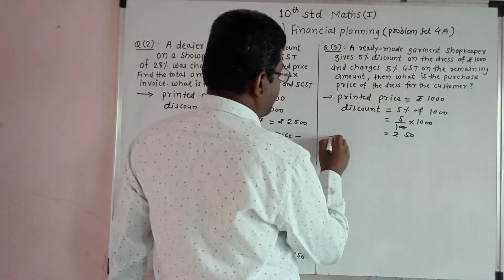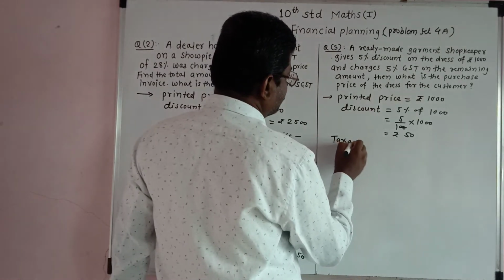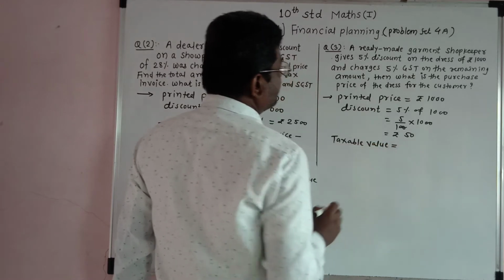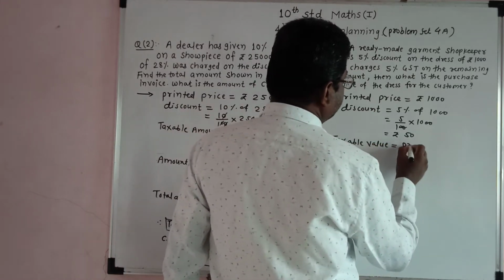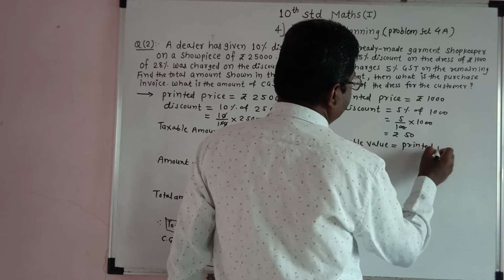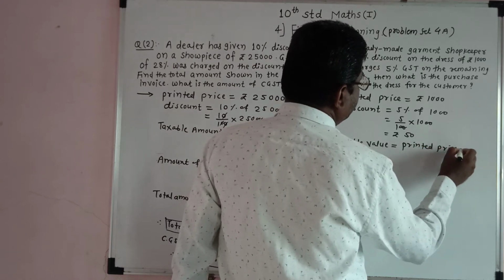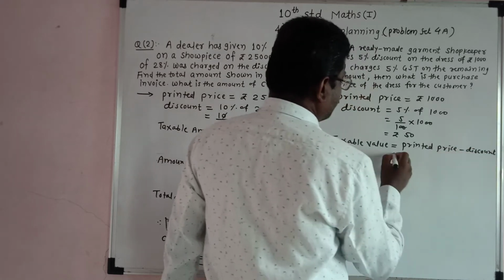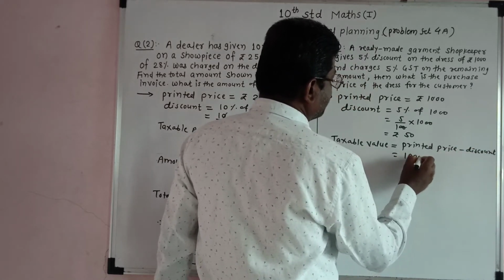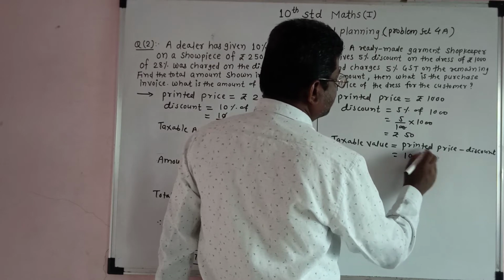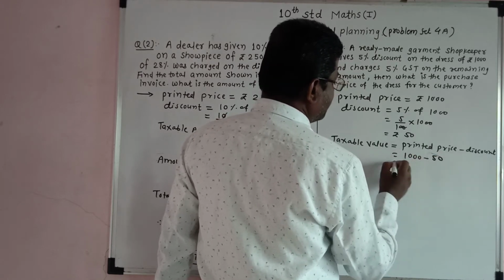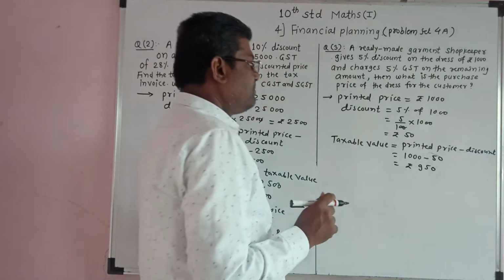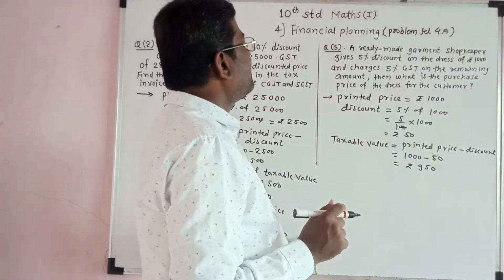Now let's find the taxable value. Taxable value is equal to printed price minus discount, which is printed price 1,000 minus discount 50, so it will be rupees 950. This is the taxable value.